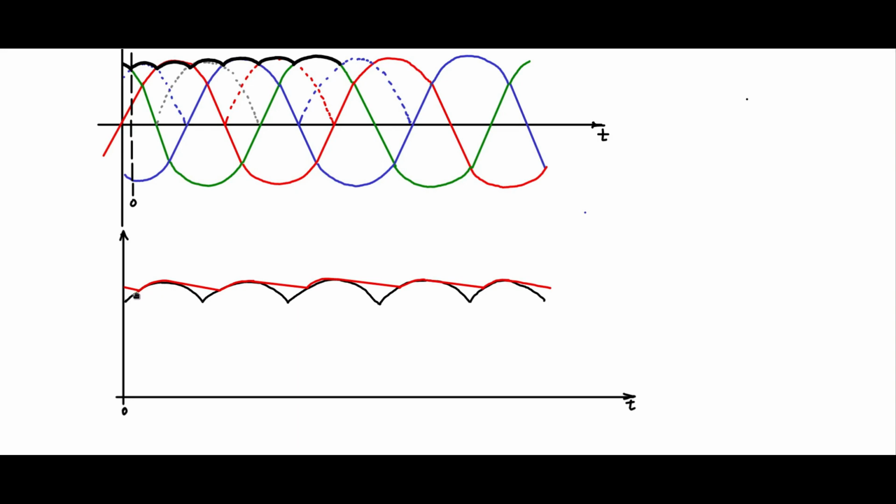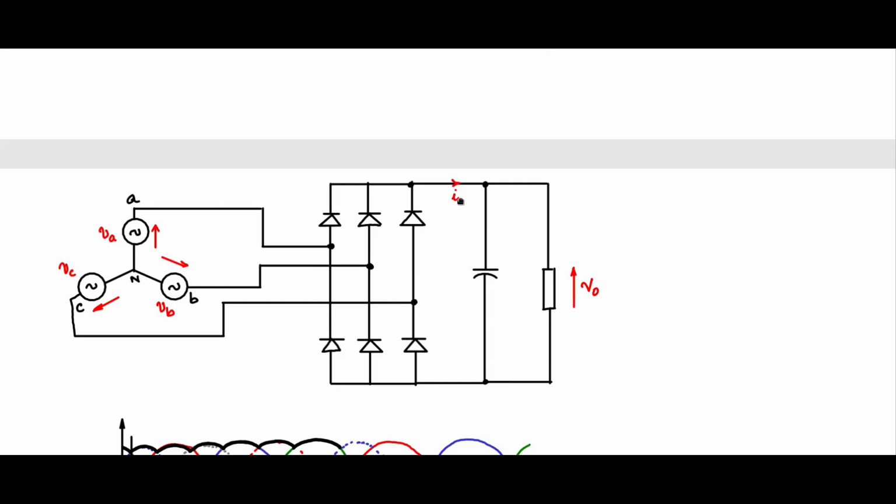Now this would be the conduction times whenever they track the input envelope, and if you draw the verticals, you will see the current wave shapes will look something like that. This current wave shape is at this point.